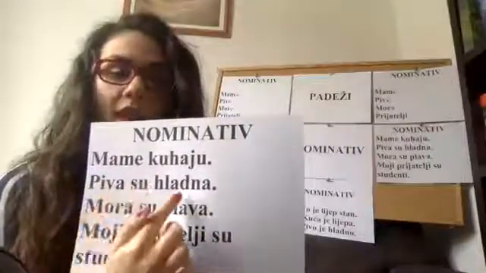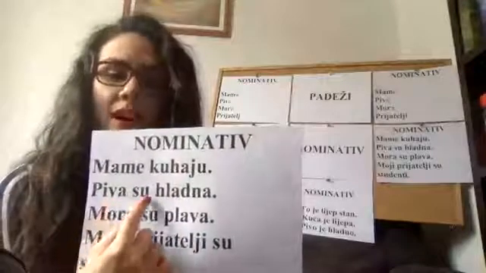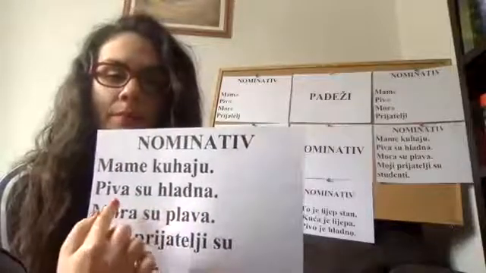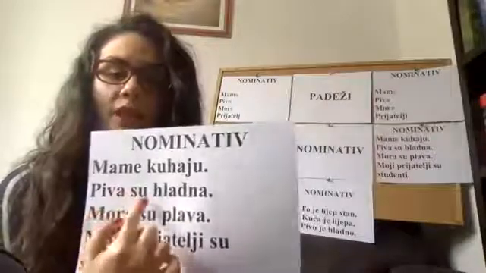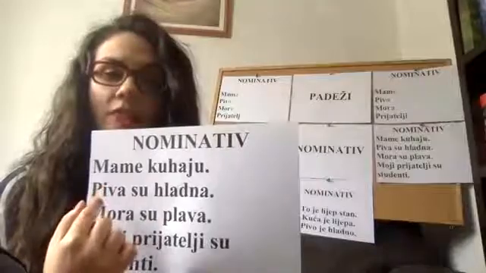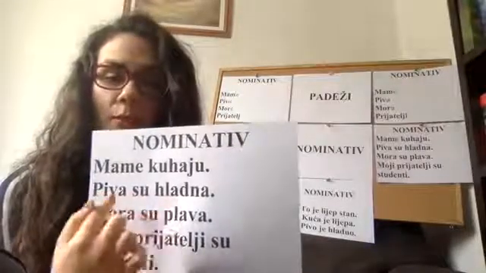Piva su hladna. Now plural form, beers are cold. You can see the plural form here, su. The first one was pivo je hladno. And now we are again matching. It's neutral, it's plural, everything has to be in neutral and plural.